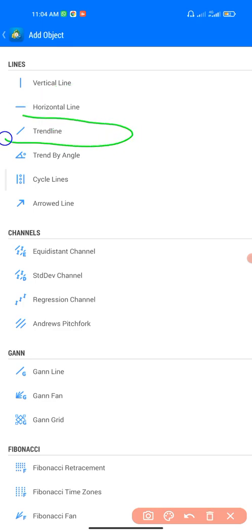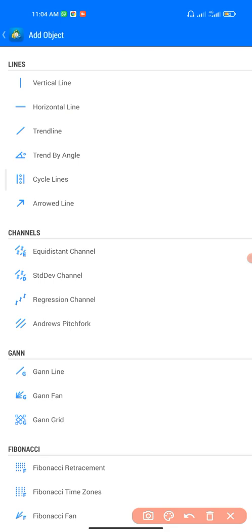Then the trend line, I use it for confluence. I'm not a trend line trader, but sometimes I use it as an added confluence to my already made analysis. I've already decided on where to trade, whether to buy or to sell, but I use the trend line as an added confluence so as to gain more confidence.